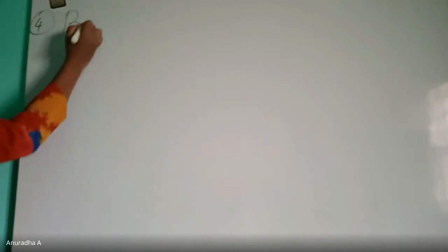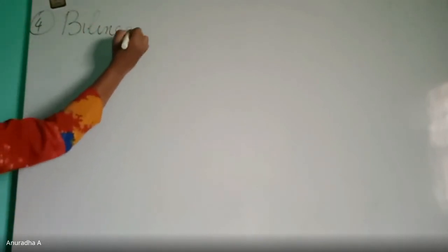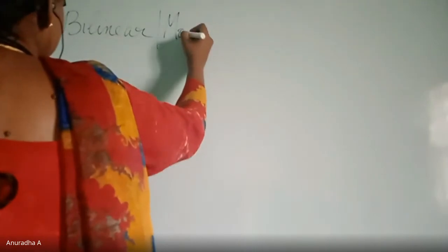In this transformation, one other important type is there called bilinear transformation, like conformal transformation or conformal mapping. The fourth point is bilinear, or another name for this is Mobius. Have you learned this in school?